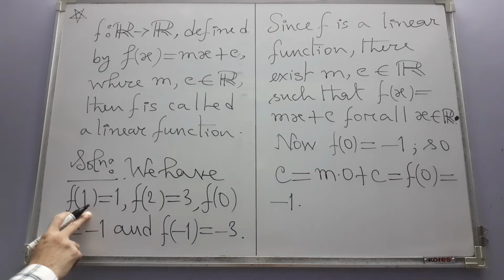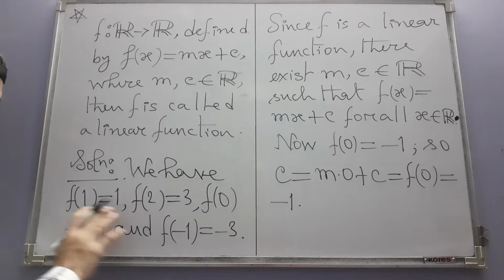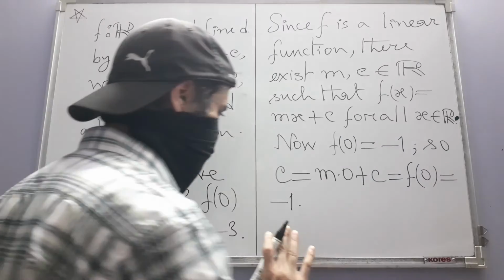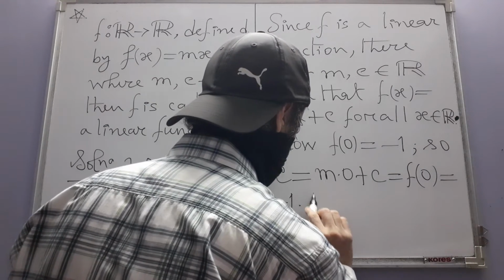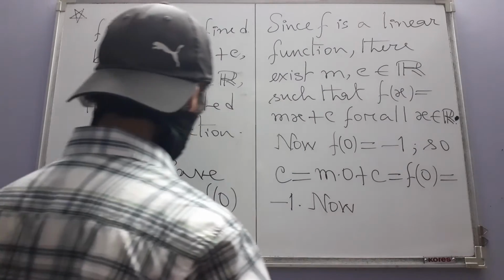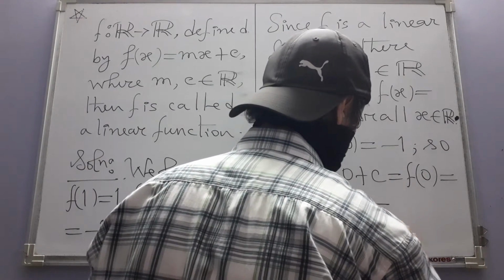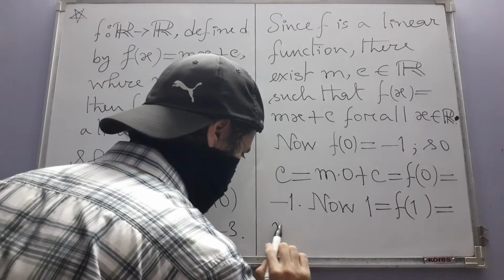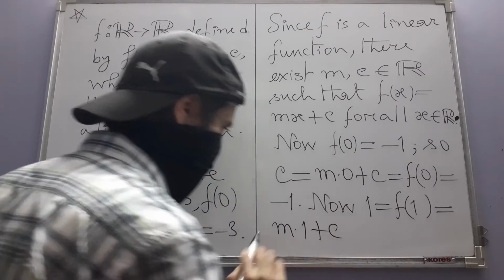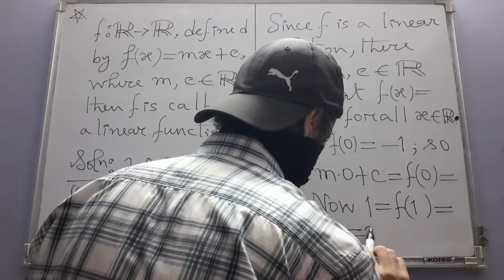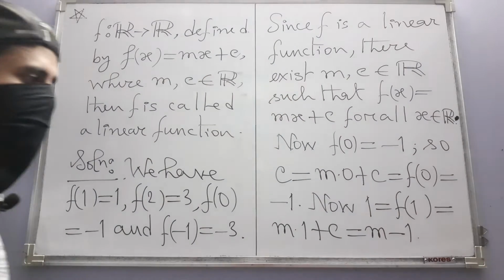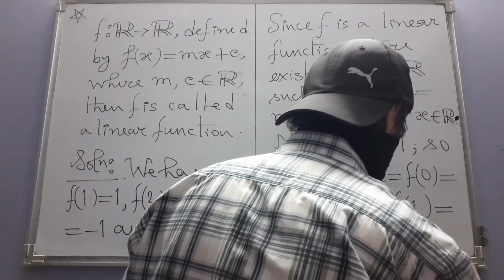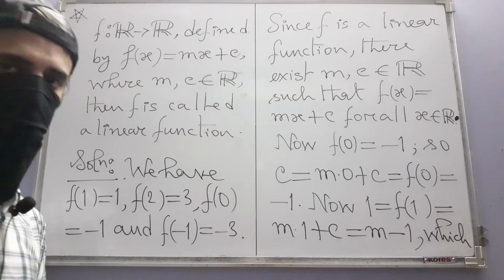Now let's use this one. There is no hard and fast rule that you have to use this one or this one. It's up to you, whatever you find convenient. Now, 1 is equal to f of 1. F of 1 is m times 1 plus c, but we already know c, which is minus 1. So we get this equation, 1 is equal to m minus 1, which implies that m is 2.